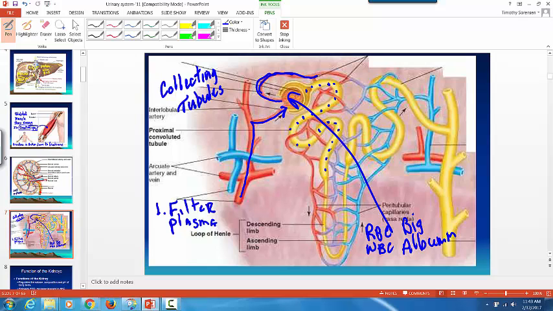It filters all the plasma that came into it. And then, as that filtered plasma travels through the yellow brick road, the kidney decides, the nephron decides what it's going to bring back into the blood. And it's based on the needs of the body. So the second thing is you have to reabsorb stuff.